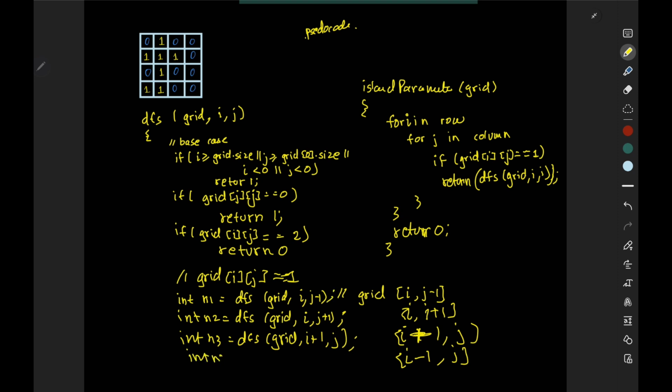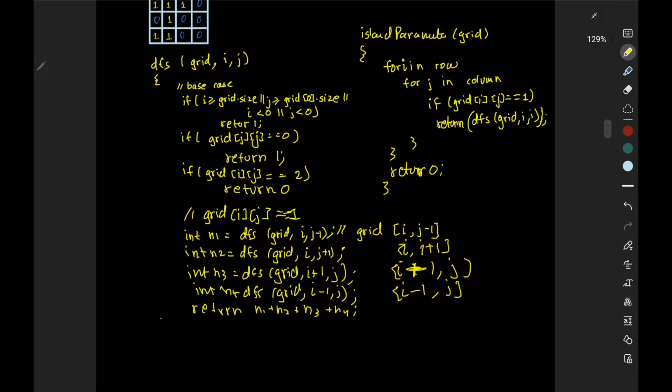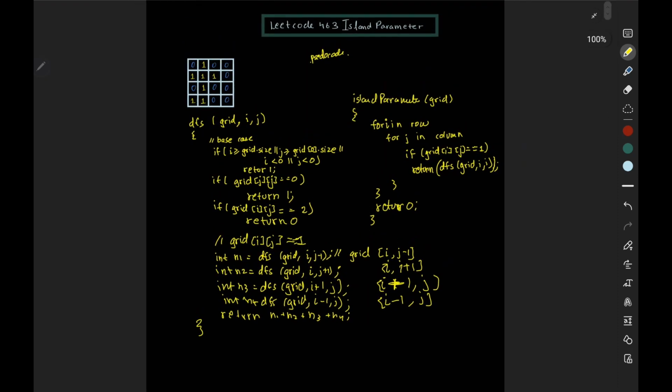And int n4 is equal to DFS on grid i minus 1 comma j. And now we will return the sum of all these. So return n1 plus n2 plus n3 plus n4. So this is the complete pseudocode.